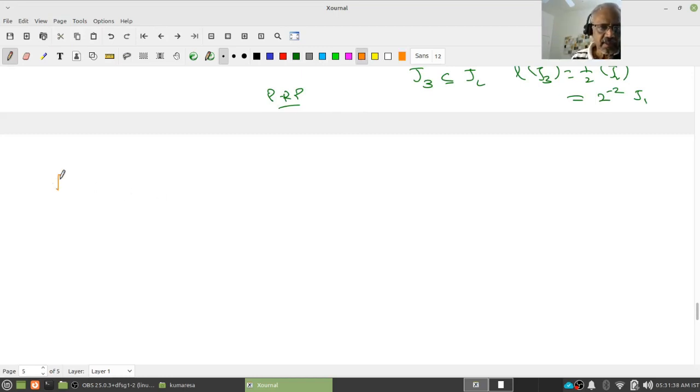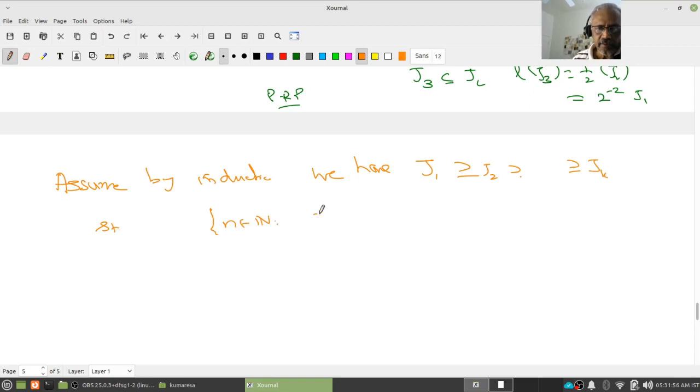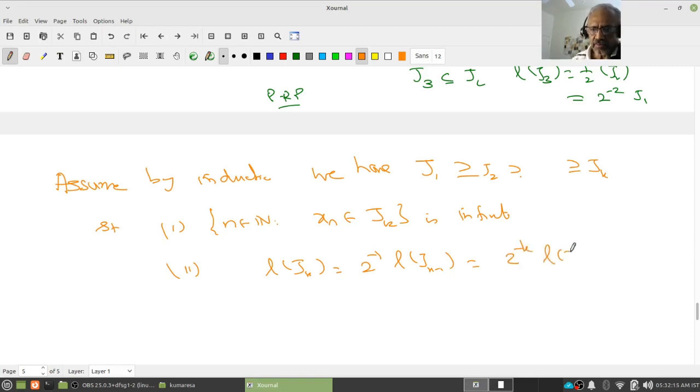Assume by induction we have J1 contained in J2 and so on, contained in Jk, so that the set of all n in N such that xn belongs to Jk is infinite, and the length of Jk is half the length of Jk minus 1, therefore it is 2 to the power minus k times the length of J1, which is 2 to the power minus k into 2m.